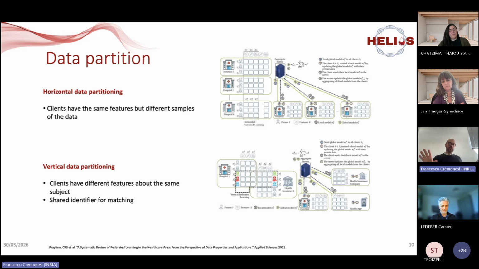And then 0.1% of the time, we are also interested in vertical data partitioning, where it's actually a much more complicated challenge, where the data of one subject is distributed among different institutions. So for example, you could have a genomics lab which only has the genomic data about Francesco, and the hospital who has the clinical and the imaging data for myself. And maybe these two institutions don't want to share the raw data, and so they need to collaborate in a federated way.